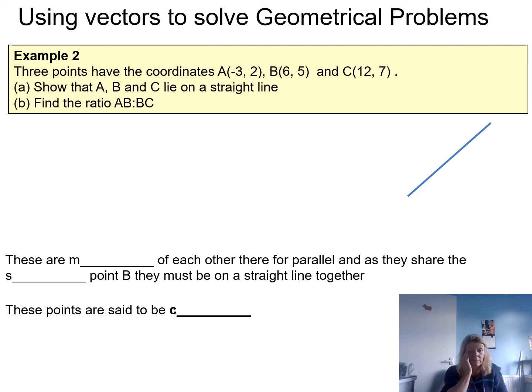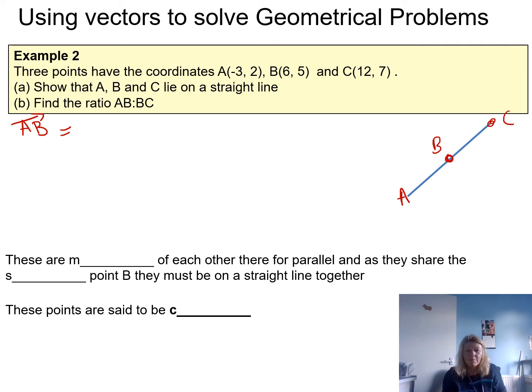Next question. The 3 points have coordinates A, B, C. Show that A, B, C lie on a straight line. So let's find out, what is the vector A to B?